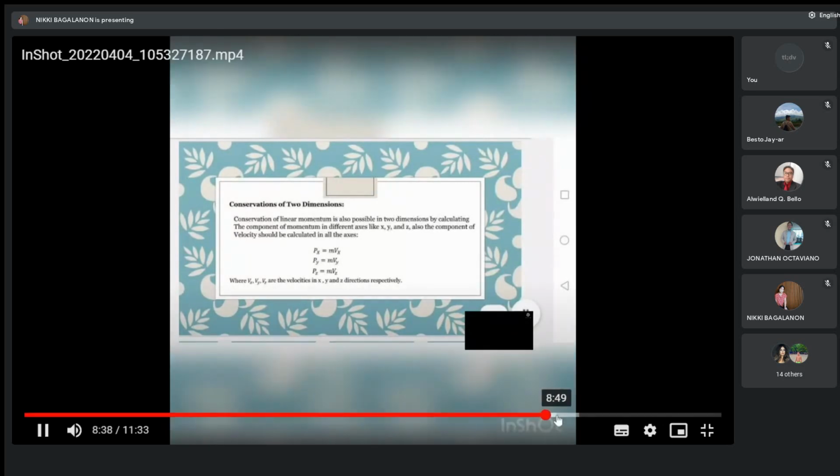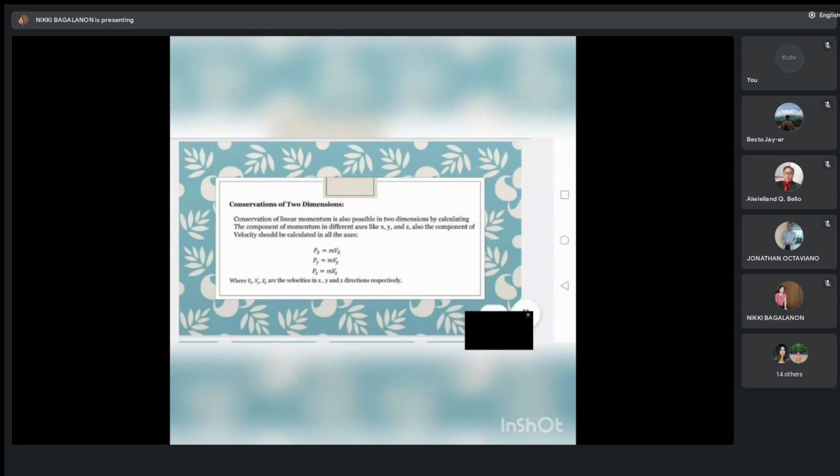Momentum is a vector, and collisions of objects in two dimensions can be represented by axial vector components. Conservation of linear momentum is also possible in two dimensions by calculating the components of momentum along different axes like x, y, and z. Also, the components of velocity should be calculated along all axes.